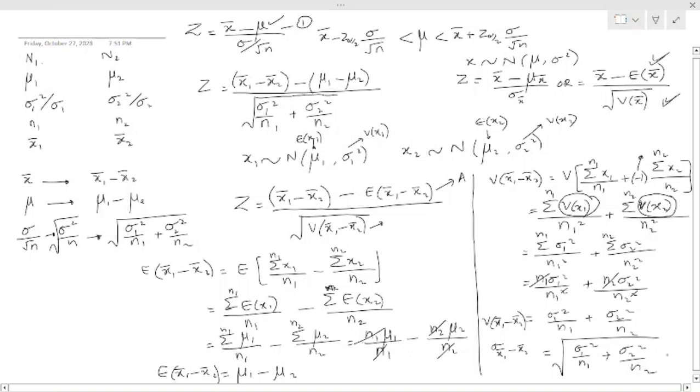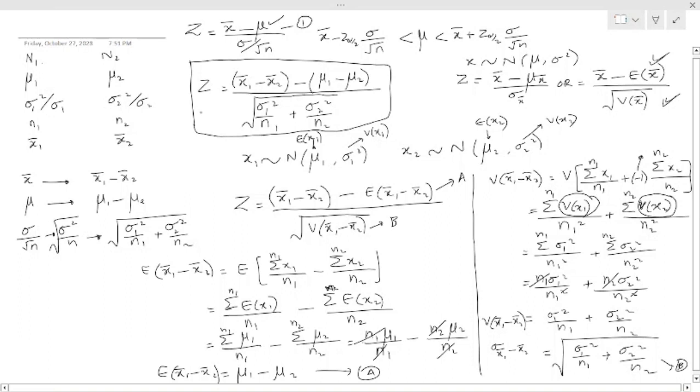This is the result we get. So I've labeled this factor as A and this factor as B, and their values are this and this. So we can plug in the formula, and this is how we get this formula. That's for the use of Z as a sampling distribution for the difference between two means.